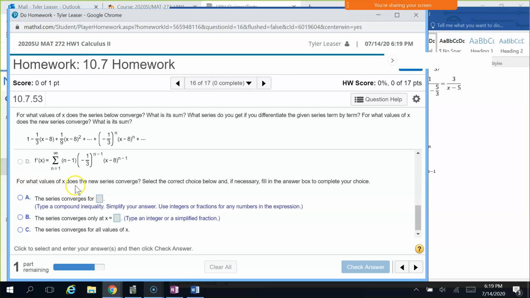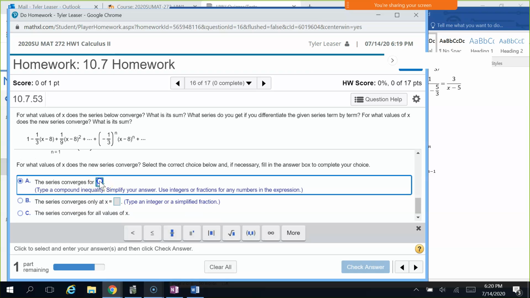The next part, for what values of x does the new series converge? So this has to do with a theorem that's in the textbook. Whenever you have a function as a power series and you take the derivative of that power series, the convergence is going to stay pretty close to the same.